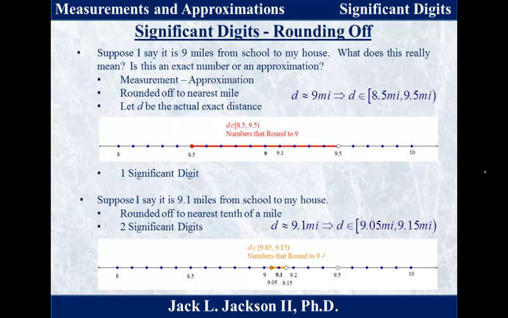In other words, 0.05 we add and subtract to 9.1, and that gives us 9.05 and 9.15, and that's what it's between. Notice that that is a smaller interval. In fact, it's 1/10 as wide as the red interval up here when I just said 9 miles. When I said 9.1, I've indicated that I've measured it much more closely.